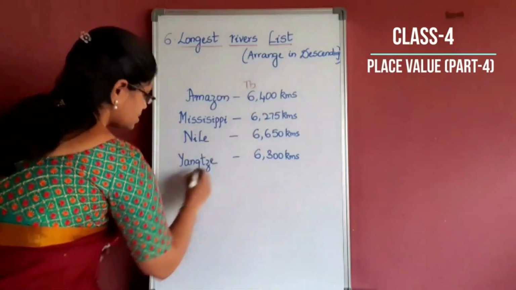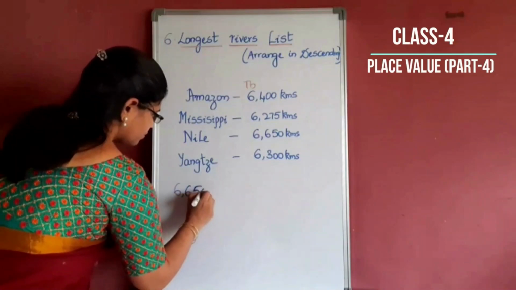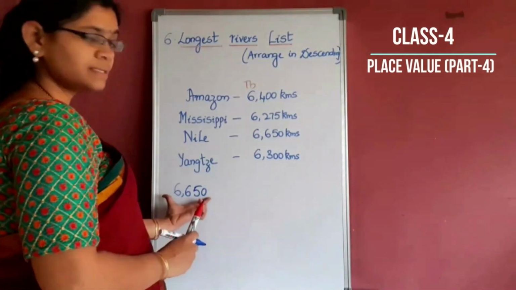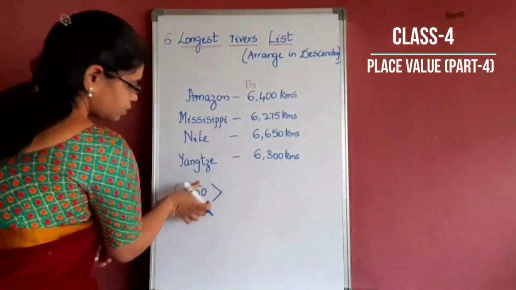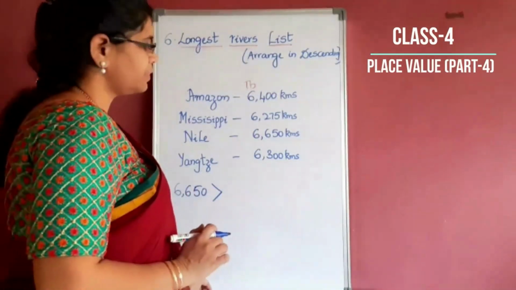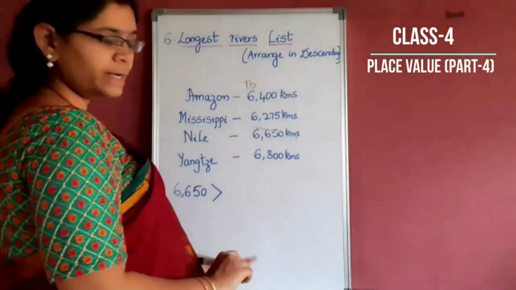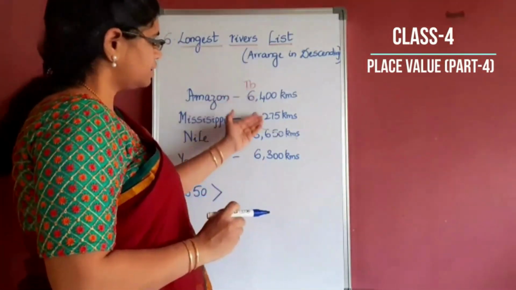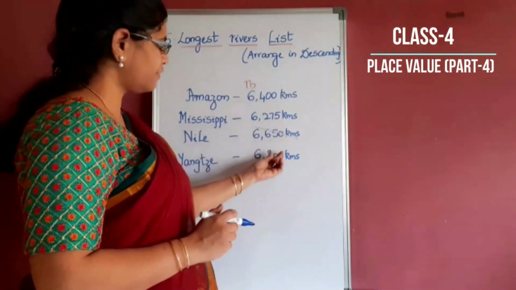So, first let us write 6,650. Now, as this is biggest of all, I am putting the opening towards the bigger number. Now, as this is done, I am striking it out. Now, let us compare the remaining three numbers 400, 275, 300.